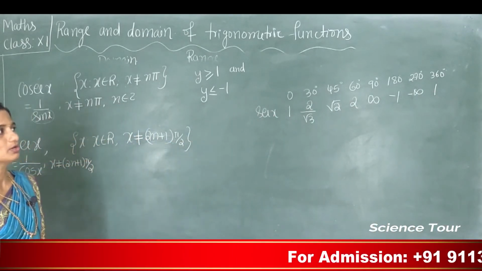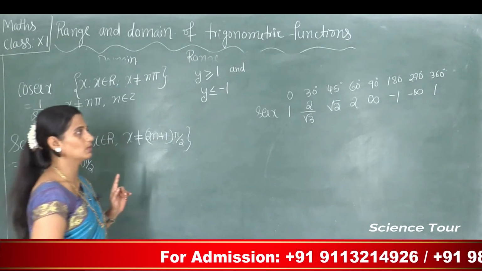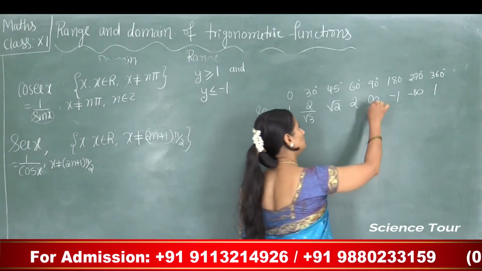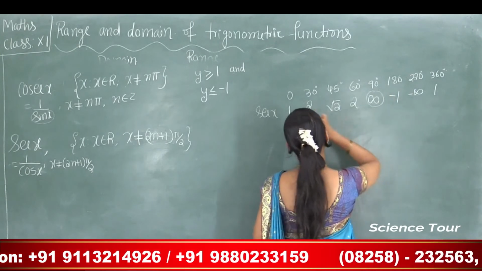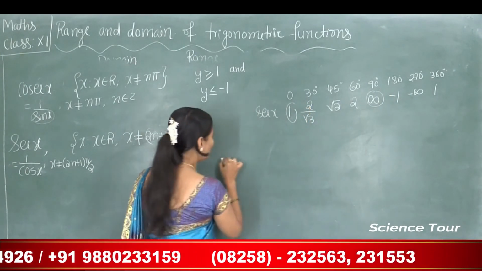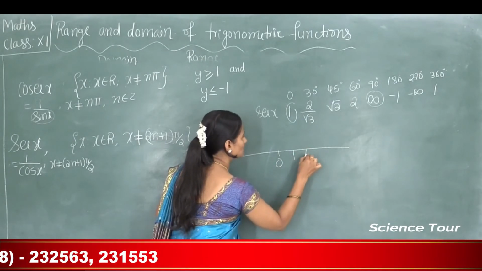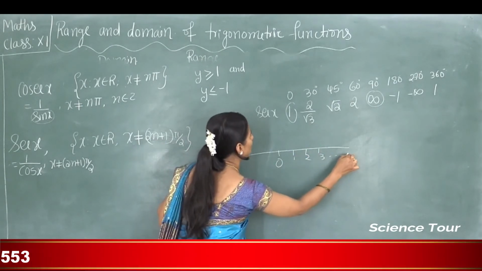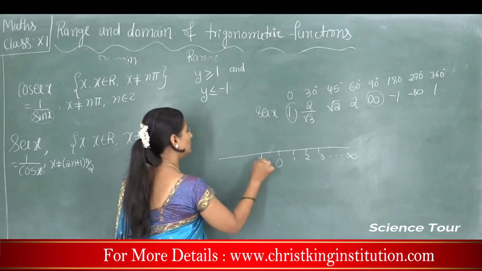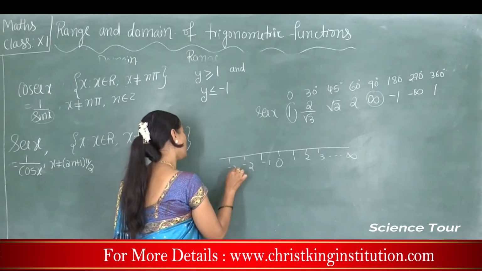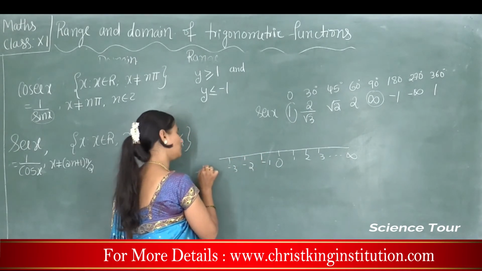By this you can observe the range. What is the maximum value? It is infinity, and the smallest positive value is 1. So on the real number line, if you mark 0, 1, next 2, next 3 until infinity, and minus 1, minus 2, minus 3 till minus infinity.